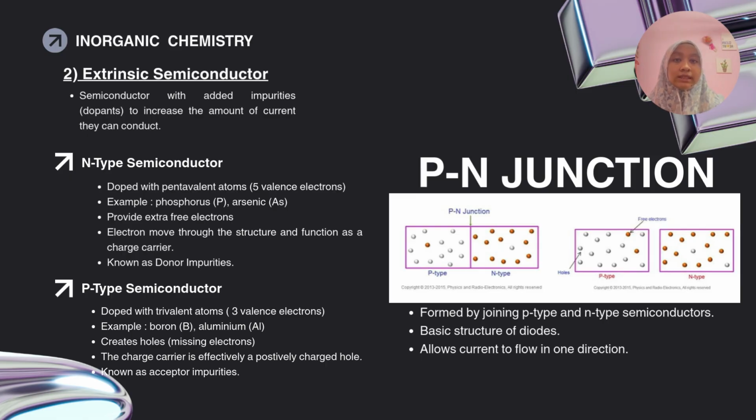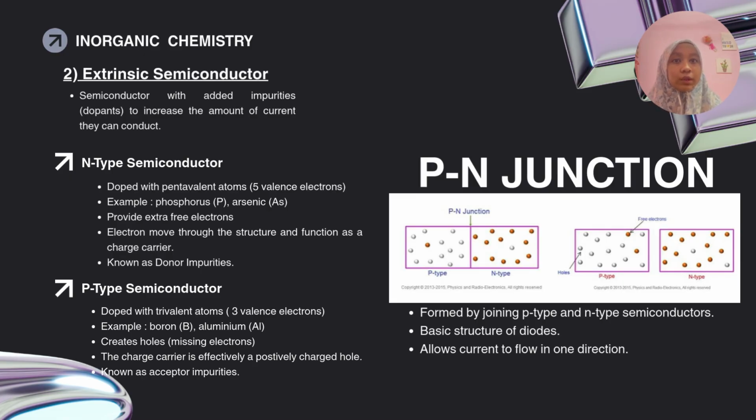Next, the p-n junction. It is formed by joining p-type and n-type semiconductors. The processes that follow after forming a p-n junction are of two types, which are diffusion and drift. There is a difference in the concentration of holes and electrons at the two sides of a junction.